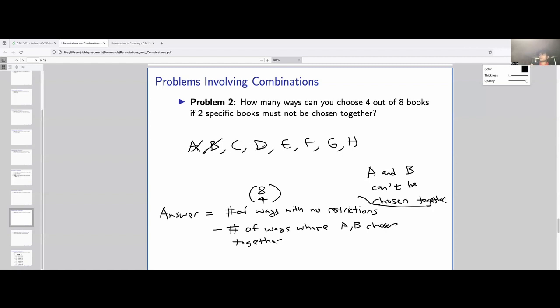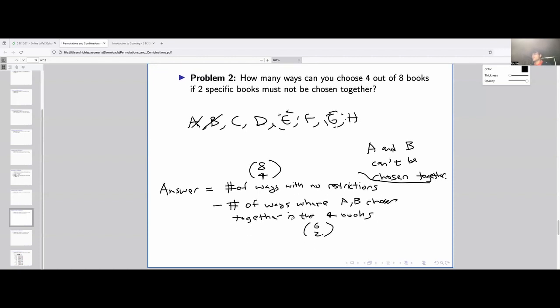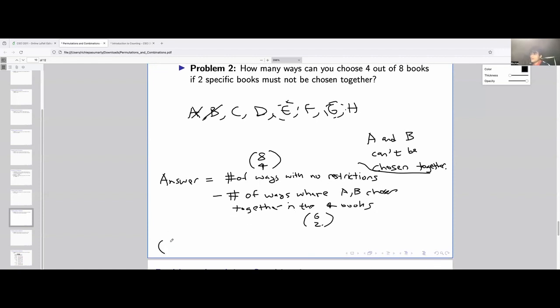Now I have 6 books remaining, and I have to choose 2 other books, let's say maybe E and G. I have to choose 2 other books from the 6. So the number of ways where A and B are chosen together in the 4 books is just 6 choose 2. So our answer is 8 choose 4 minus 6 choose 2.